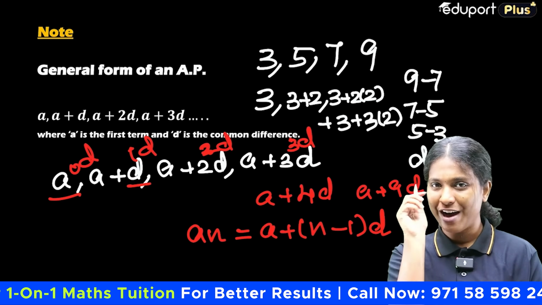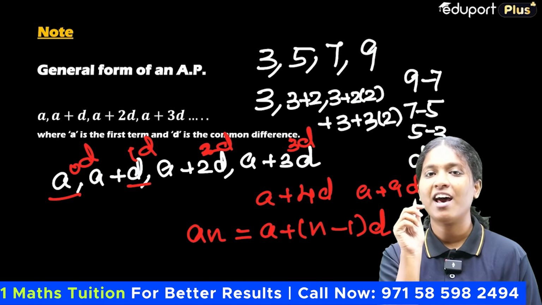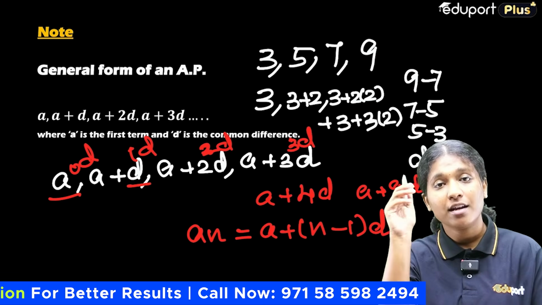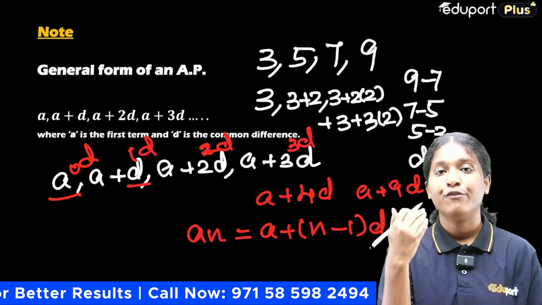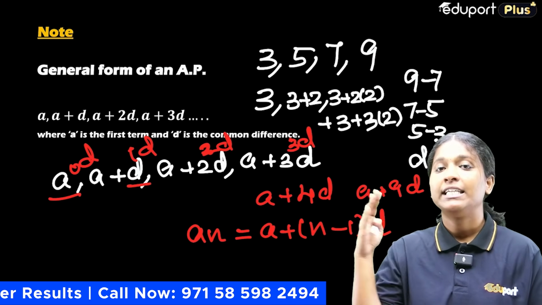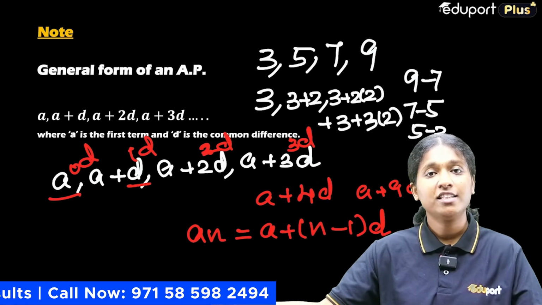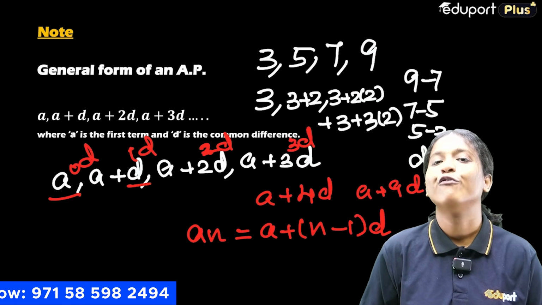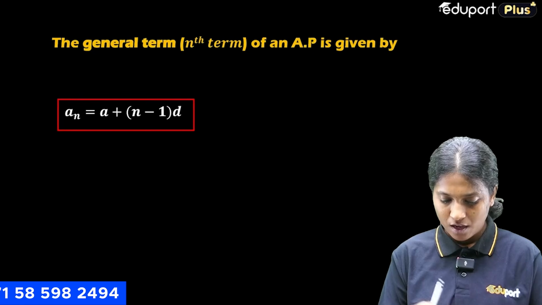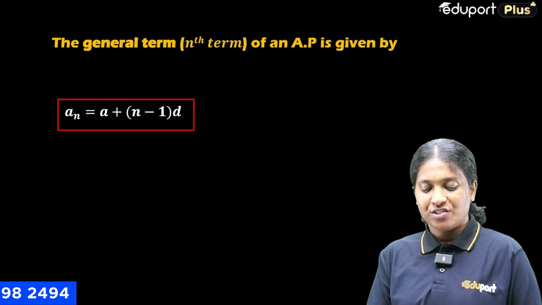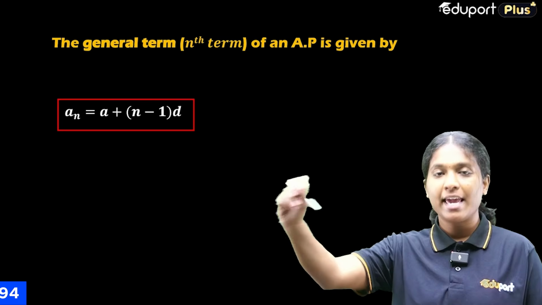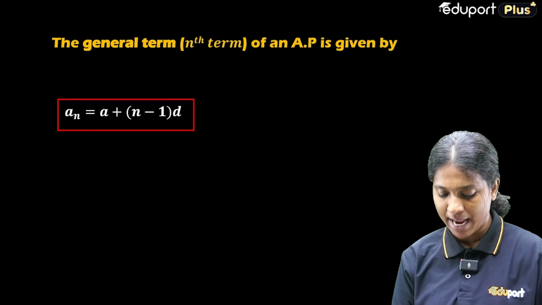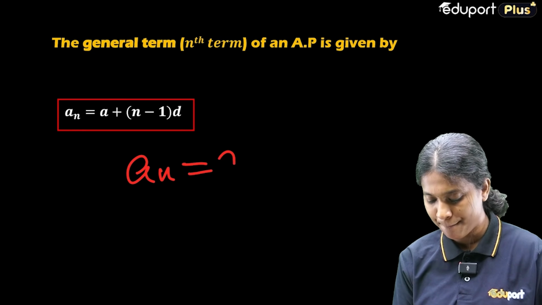This is the first formula that we are learning, the nth term or general term of an AP. If you are asked to find the 10th term, 11th term, 100th term, or 1000th term, you can use this formula. An is equal to A plus n minus 1 into D, which is important.